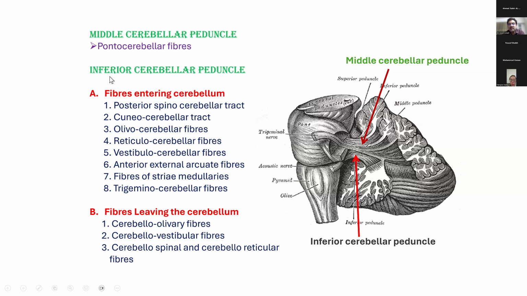Similarly, the inferior cerebellar peduncle is a very busy peduncle because it has all these tracks that are entering into the cerebellum, and these are the tracks which are leaving the cerebellum.